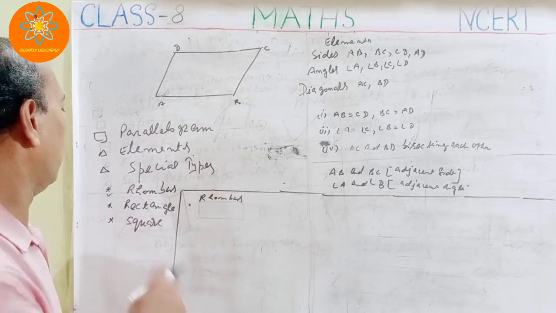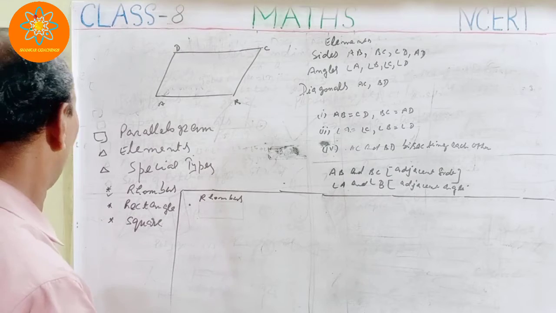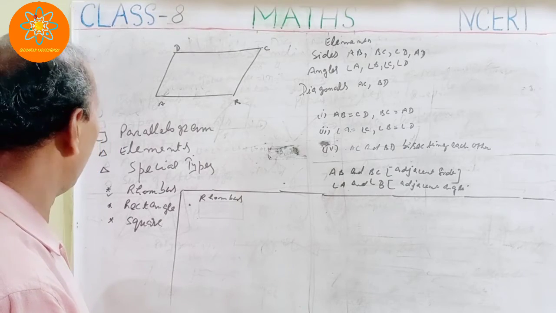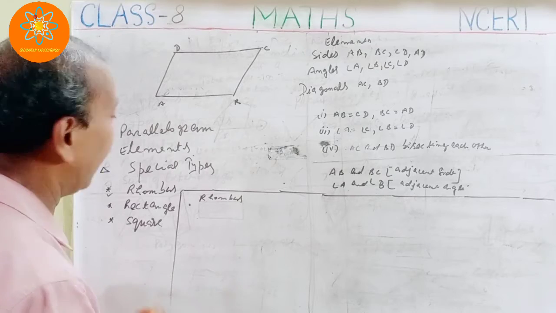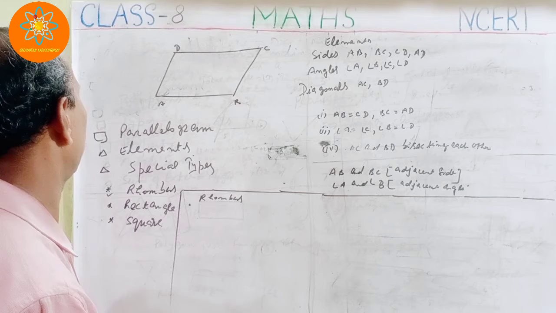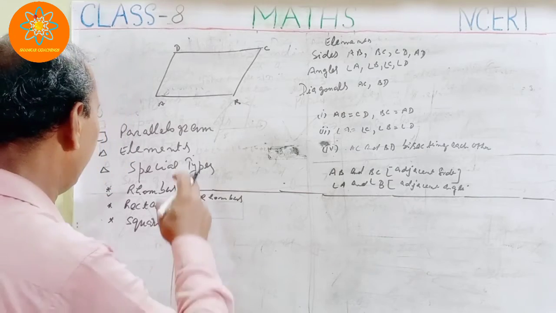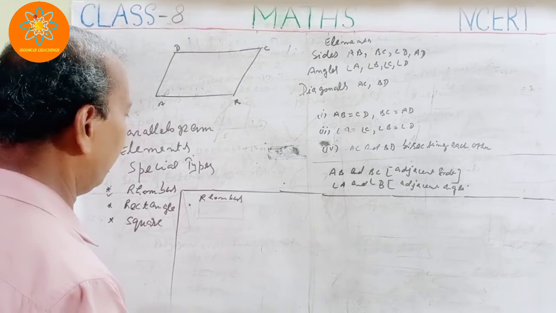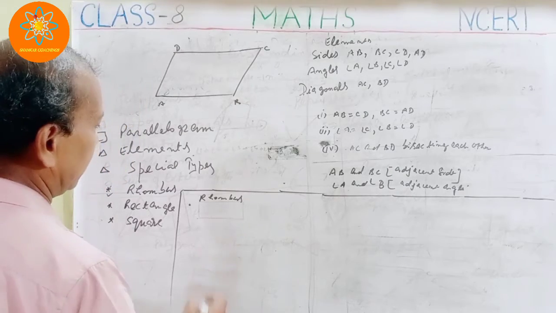Always remember all these types, rhombus, rectangle, and square, are all parallelograms. So their properties will resemble those of the parallelogram. I am taking one example type, that is the rhombus.